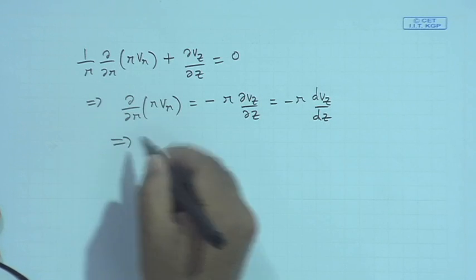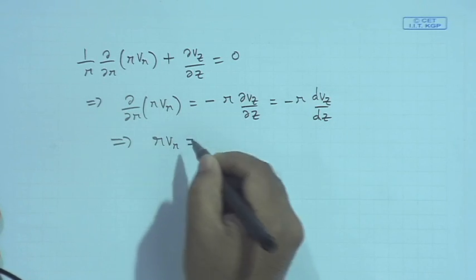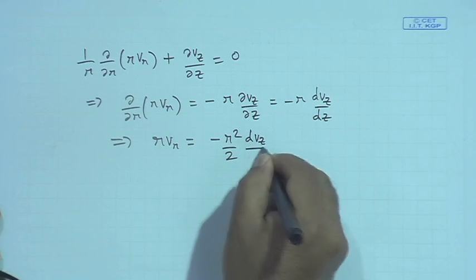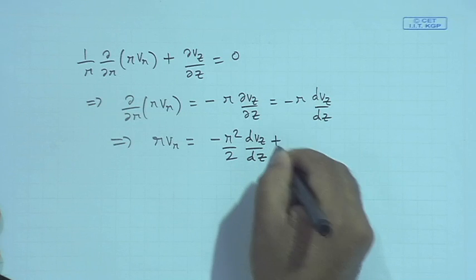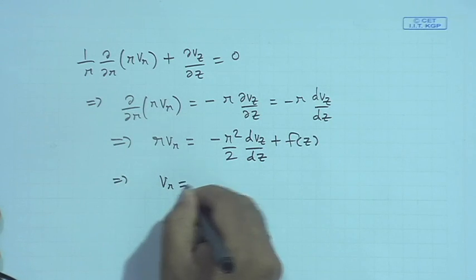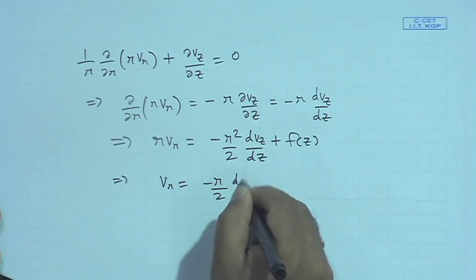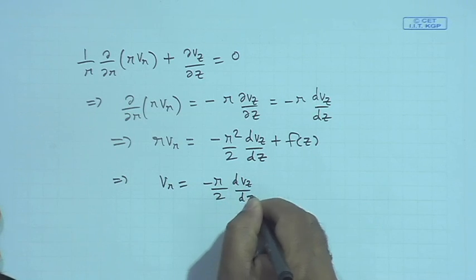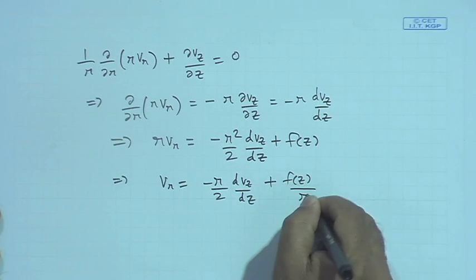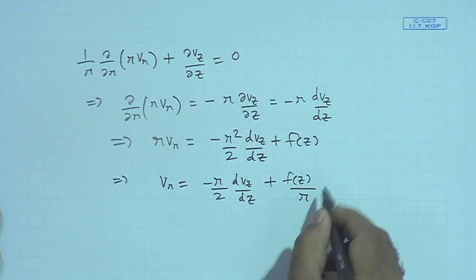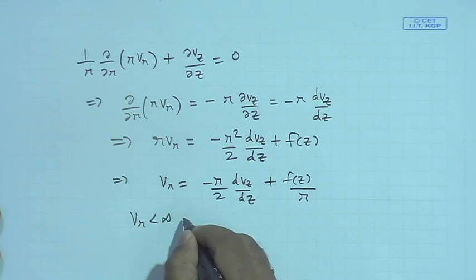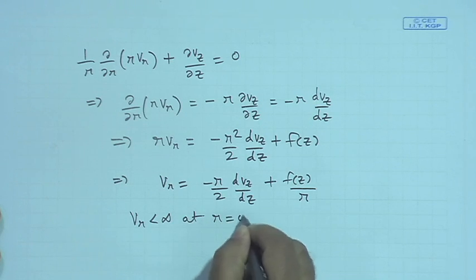Now we integrate, plus a function of z. But we need a boundedness condition, that is V r is finite at r equals 0.